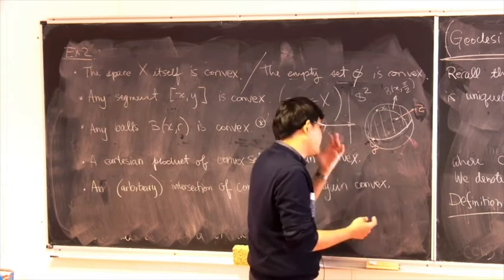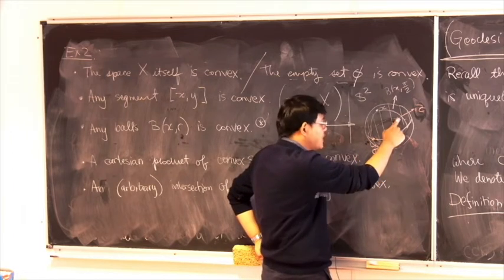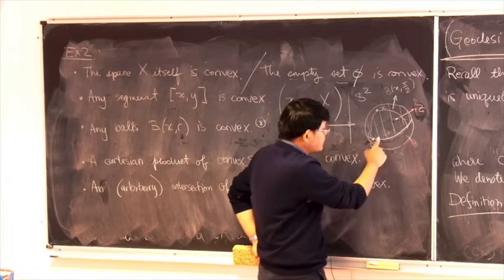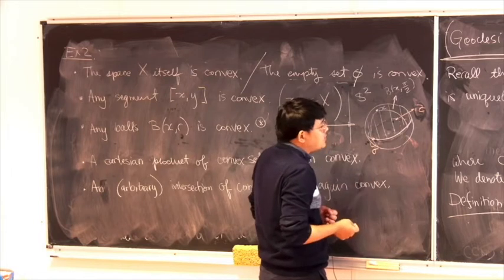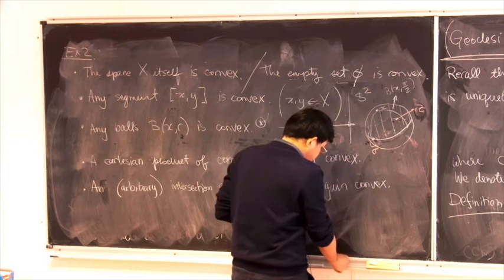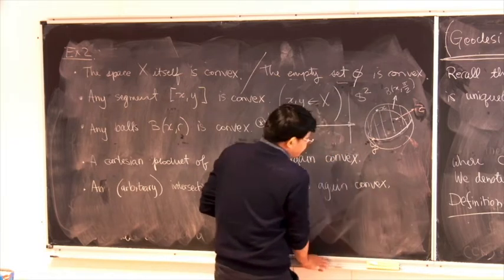But here we have a geodesic segment connecting 2 points in the set that lies completely outside the set. So when the radius is larger than or equal to pi over 2, this ball is no longer convex. You can increase the radius of this ball as well.